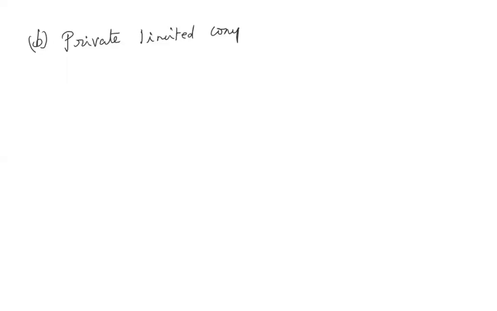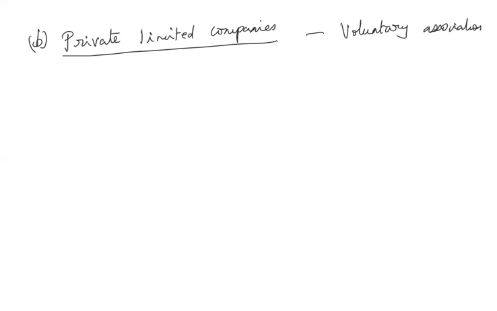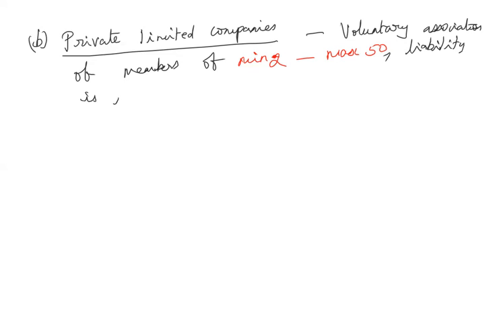A private limited company is also a voluntary association of members, with a minimum of two members to a maximum of 50. Their liability is also limited.